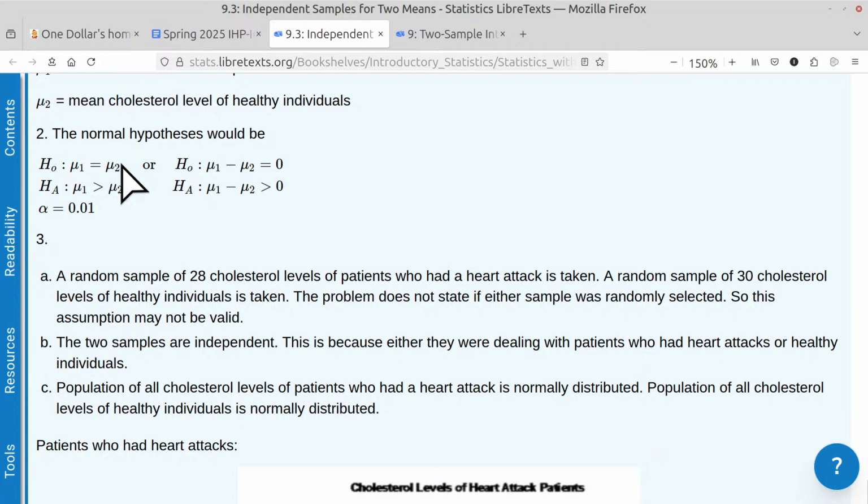This is the first hypothesis. And the alternative hypothesis: they are not equal. Especially here, mu1 is greater than mu2, which implies the heart attack is highly related to the cholesterol level. Okay, let's check.